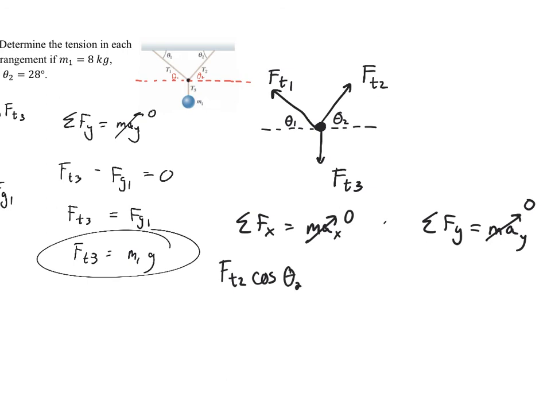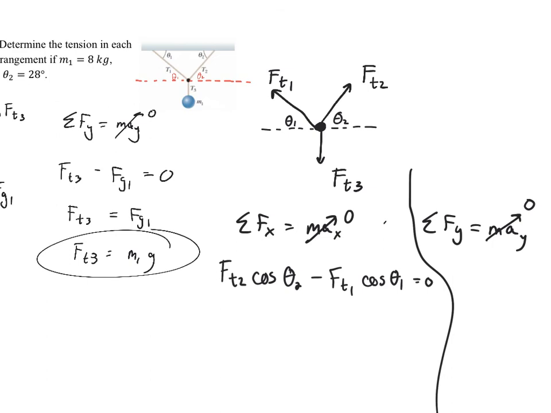Very good, which we're calling theta 2 for now. I'm going to write the numbers in a moment. I just want to write the variables first. What's pulling left is FT1, but only its x component. So we put cosine theta 1 there, and that equals 0. That's the x direction right there.